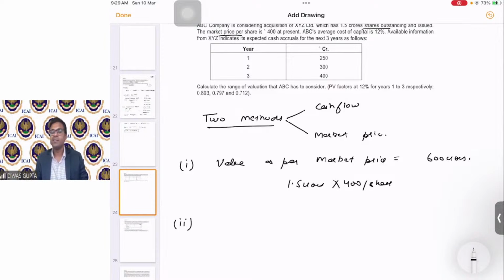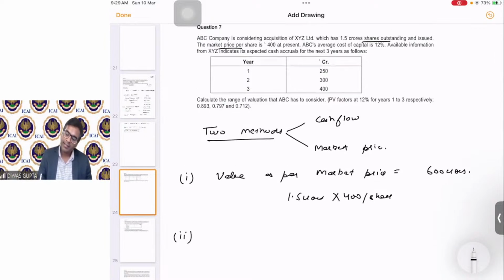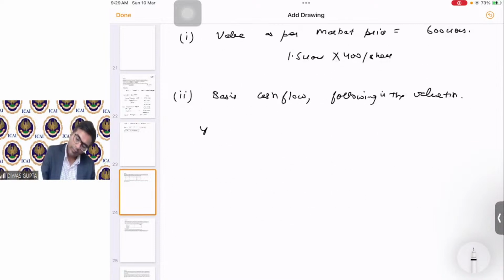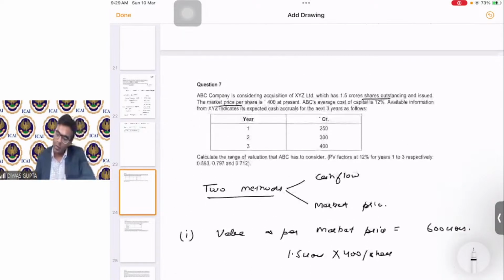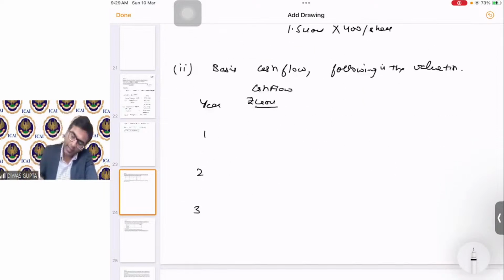Yes, Shruti, you're right. Then second is basis cash flow, following is the valuation, year 1, 2, and 3. Rupees crore, this is the cash flow, right? How much it is? 250, 300, and 400.